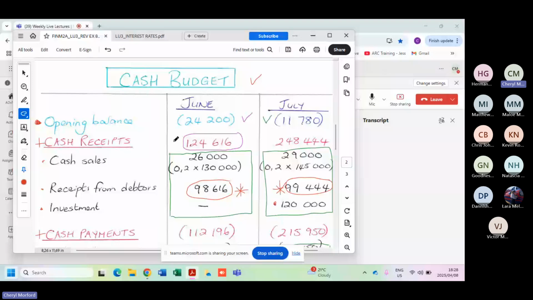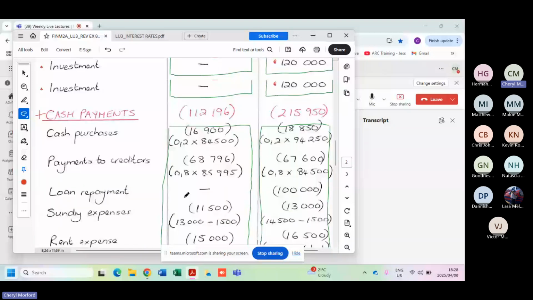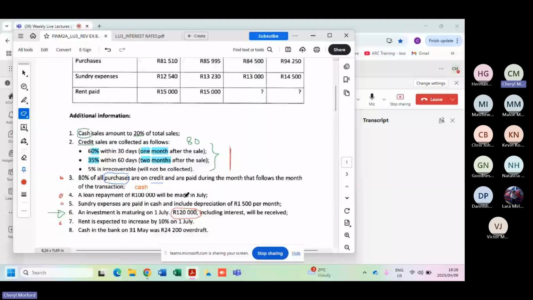Now let's get on to the cash payments. The question, all right, would help. So we're going to look at purchases. Shall we do cash first? Because that's easier. 80% here is credit, therefore cash is going to be the other 20%. Now, where are we going to get the info? We don't have to go, luckily, via cost of sales and all that stuff.